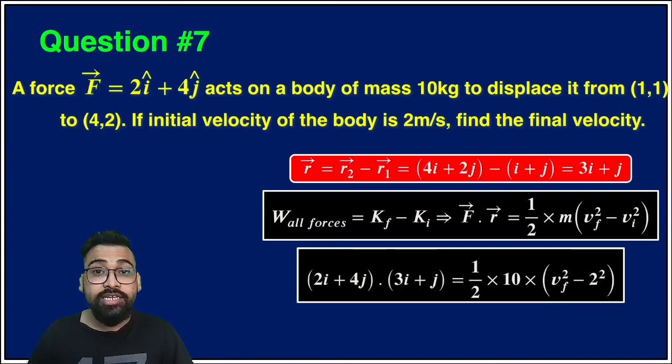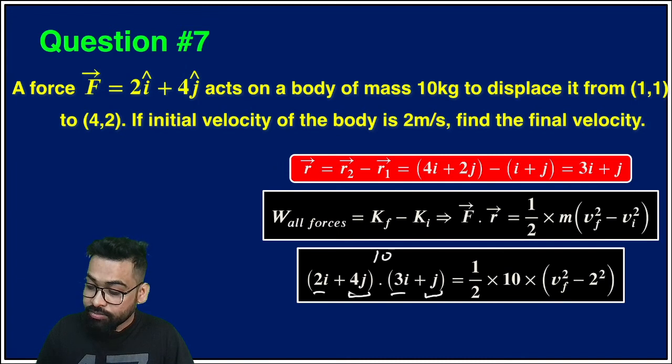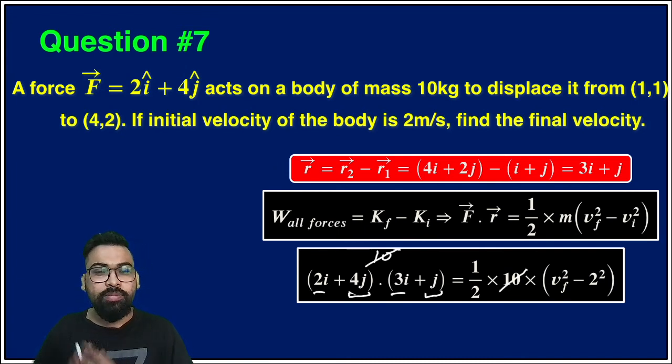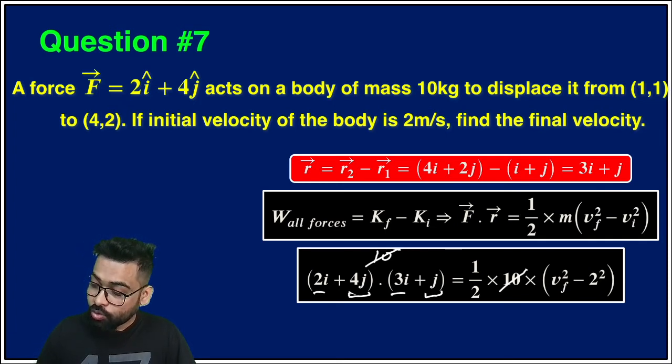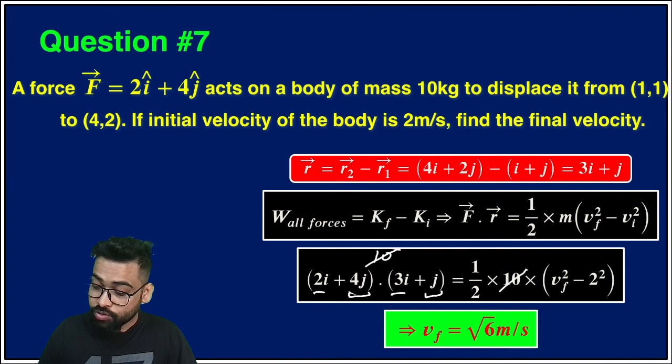So the next thing is, once you do F dot R, that is 2i plus 4j dot 3i plus j, this thing will turn out to be 2 into 3 would be 6, 4 into 1 would be 4, and this would be 10. Obviously this 10 and this 10 would cancel out. You'll get Vf square minus 4 as 2. So Vf would be under root of 6. So that is your final velocity.